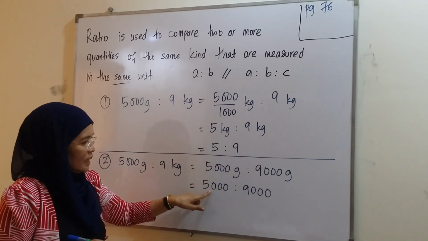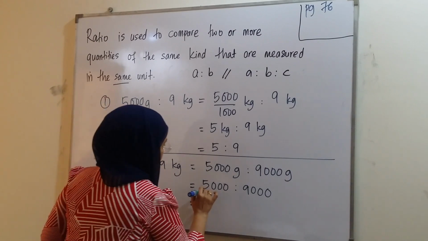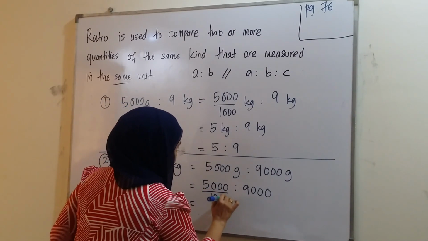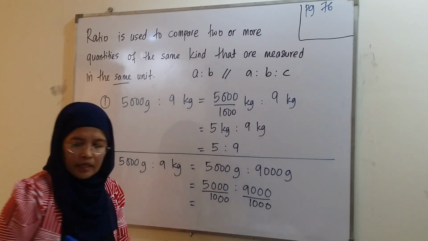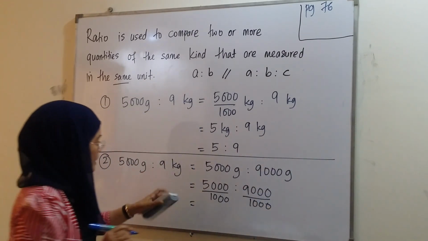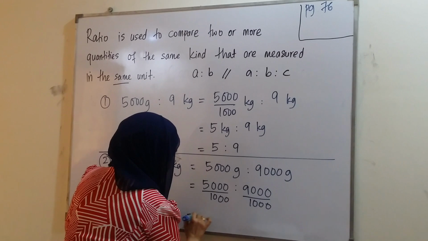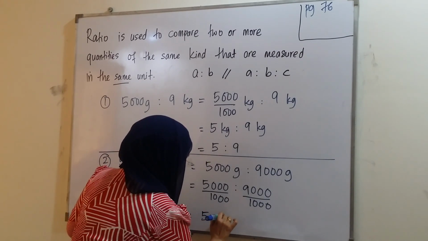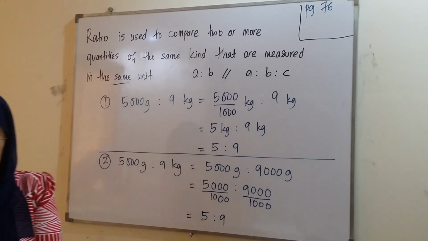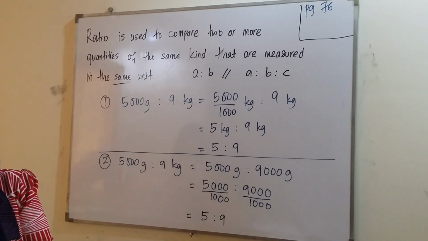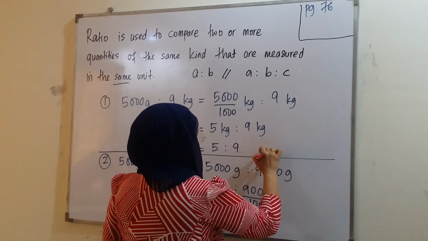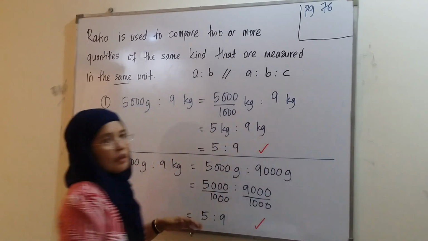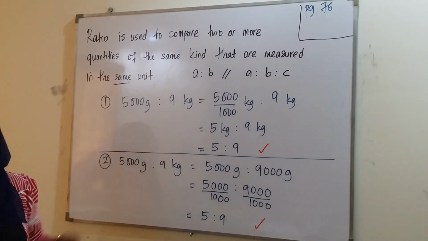So 5,000 and 9,000 can both be divided by 1,000. So the final answer is 5 ratio 9. As we can see, both answers are the same. Different method, same answer.